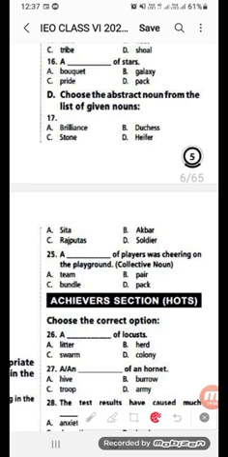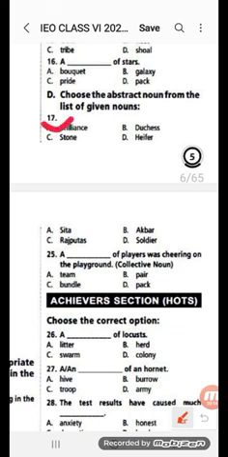Alright, stone. Stone is a small piece of rock. And heifer is a young female cow. So in number 17, we can see a duchess, we can see a stone, and we can see a heifer, but we cannot see brilliance. So the correct example of an abstract noun is brilliance. Okay.